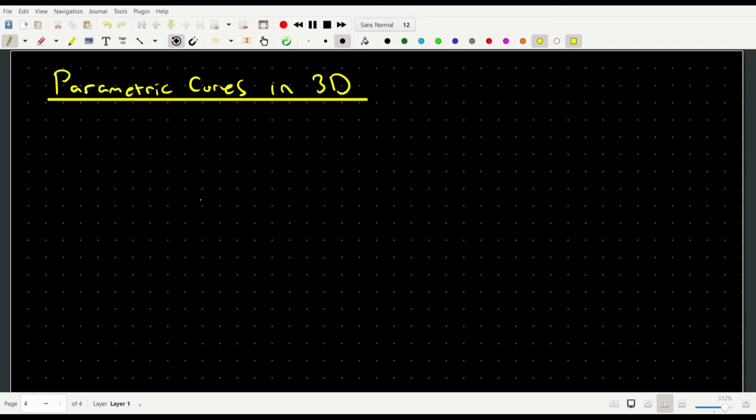Well, we're going to give a relatively easy introduction here to a parametric curve in 3D. Just like for 2D, a parametric curve is a curve, but now it's going to be a curve in 3-dimensional space. So we have not just x and y, but x, y, and z.